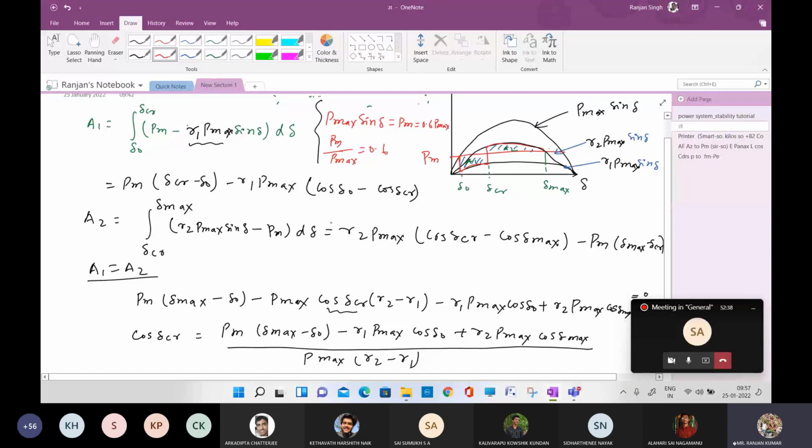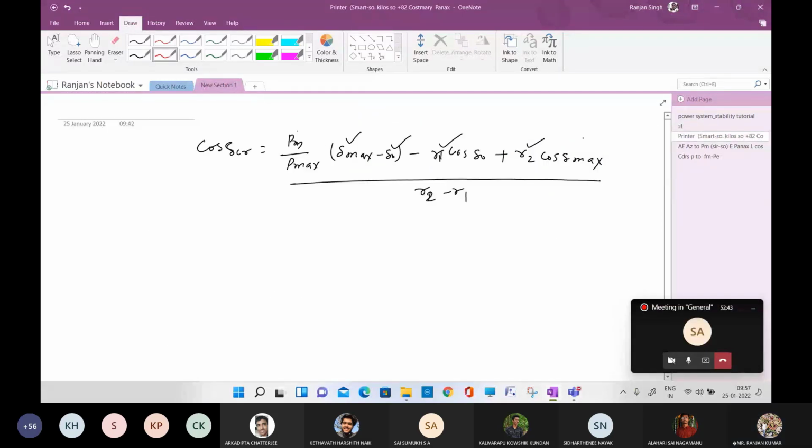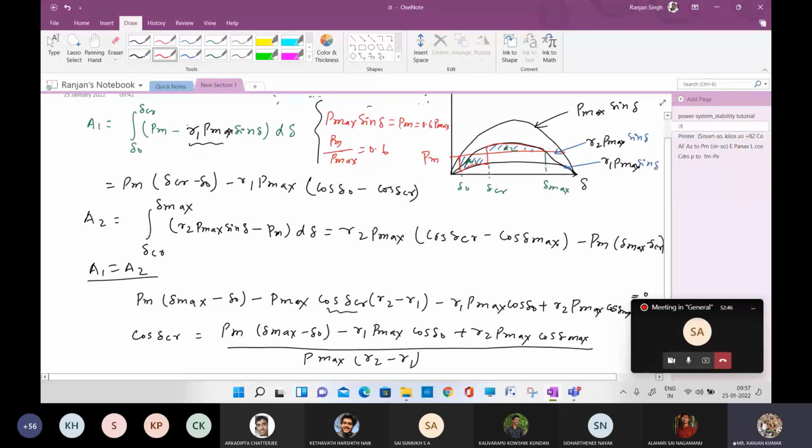Now you can calculate del naught as well. Del naught comes to 36.87 degrees. In radians, it comes to 0.6435 radian.